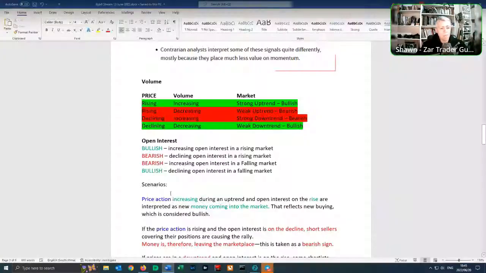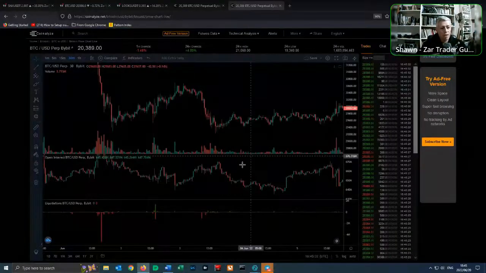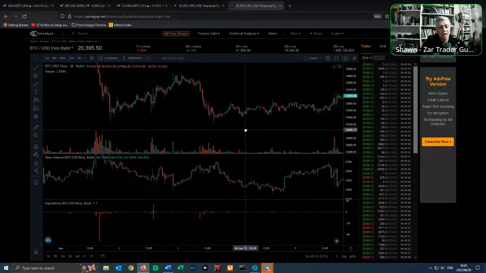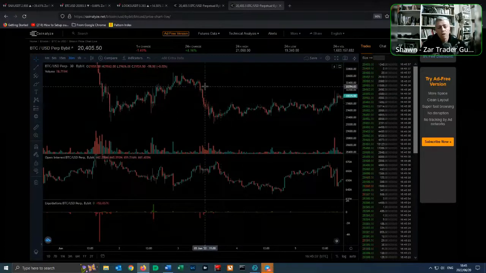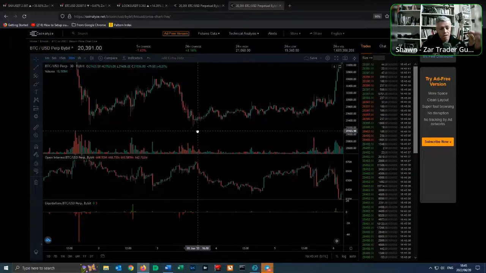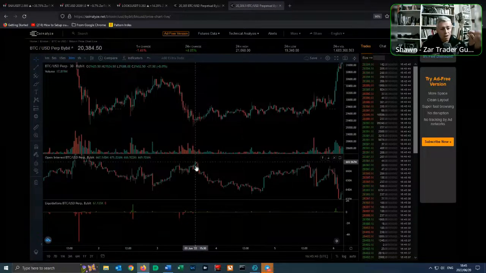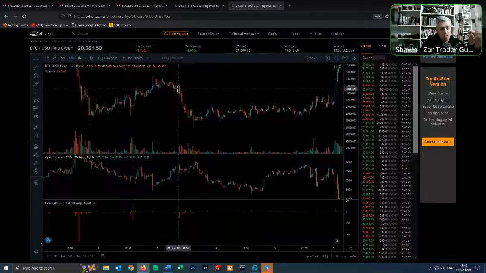And then we have the last scenario with open interest. It's bullish if we have declining open interest in a falling market. Why is that? If we have declining interest in a falling market, it means that the longs are actually closing out. So we can see a decline in open interest because the longs were closing out.